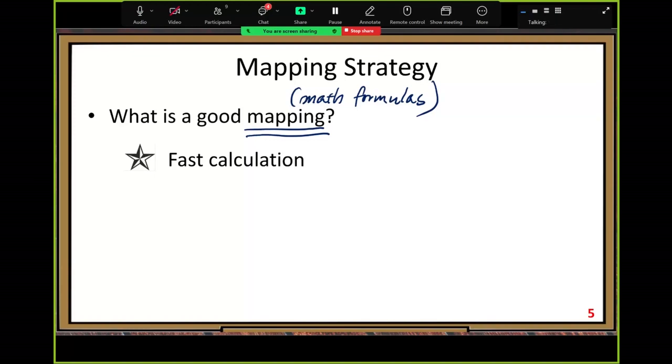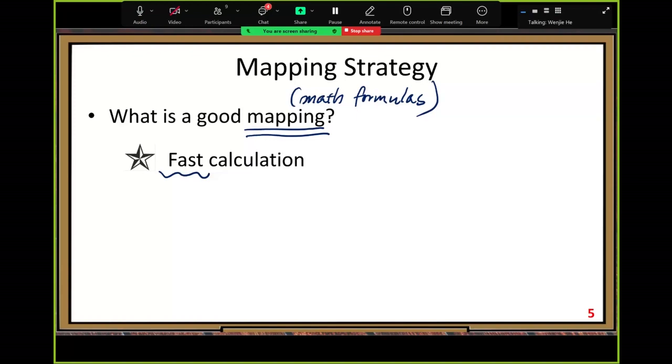When you do the mapping, you plug the search keys into those formulas, then you do the calculation, and we want a very fast calculation. If your math functions are very complicated, with integrals, then derivatives, a lot of complicated operations, and it takes too much time, then it's not good. So we don't want that kind of formulas.